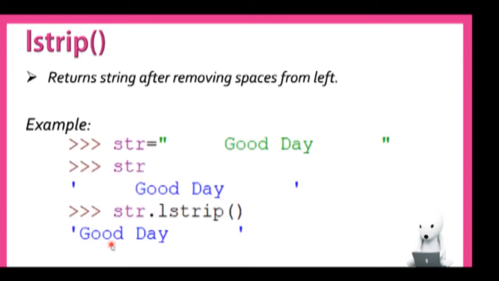Let's see its example. If I store string with some spaces and use str.lstrip, all the spaces from the left are removed, whereas on the right side remains as it is.